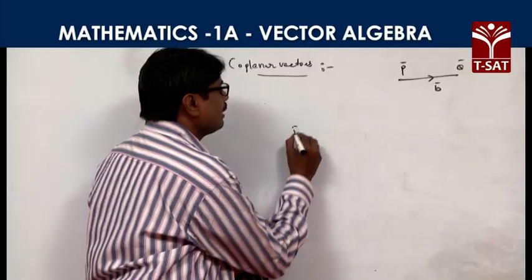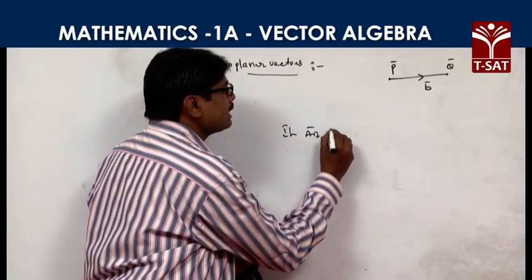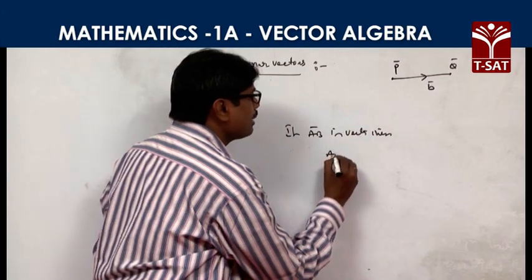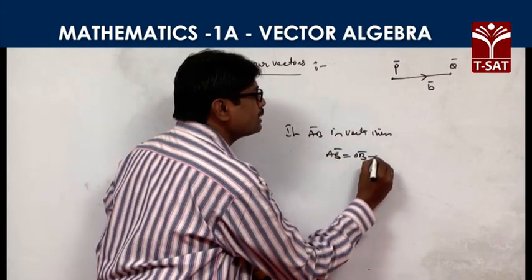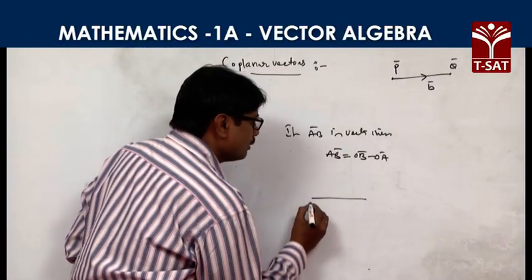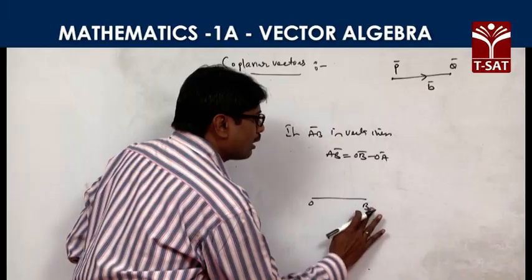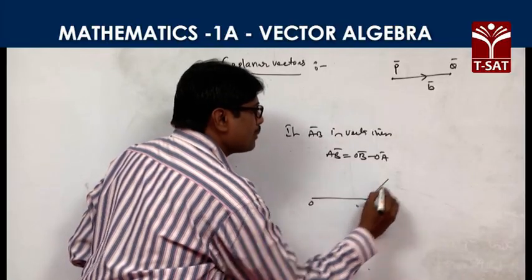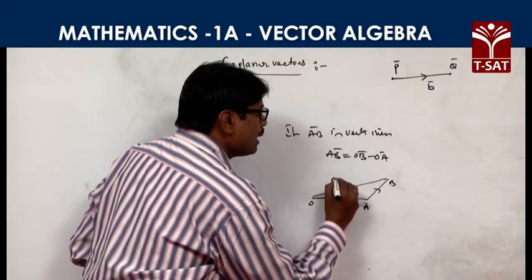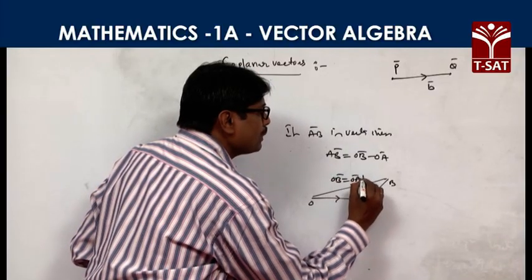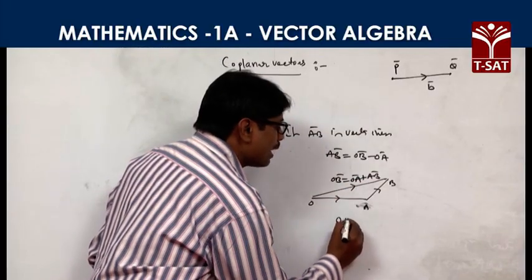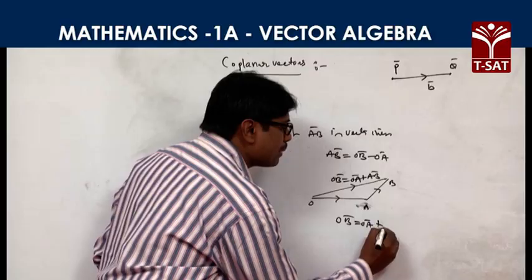If AB bar is a vector, then it can be expressed as OB bar minus OA bar. Triangular law of addition: if you take OA bar and AB bar, then OB bar is equal to OA bar plus AB bar.